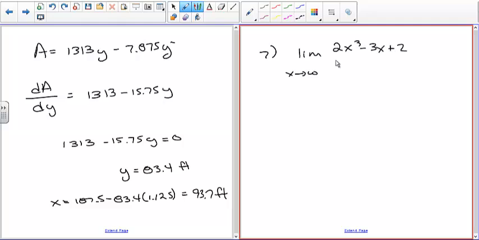So what you do is you look at the highest order terms, and if the exponents have the same value, then you take the ratio of the leading coefficients. So this is cubed, so the answer should have been just 2/3. The limit is 2/3.